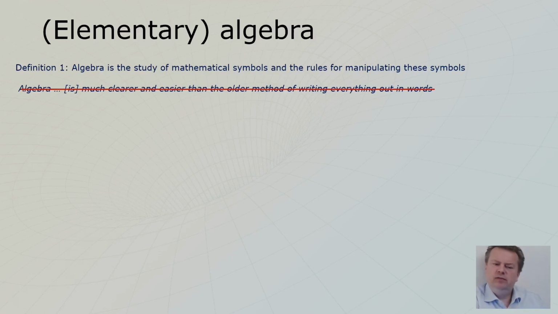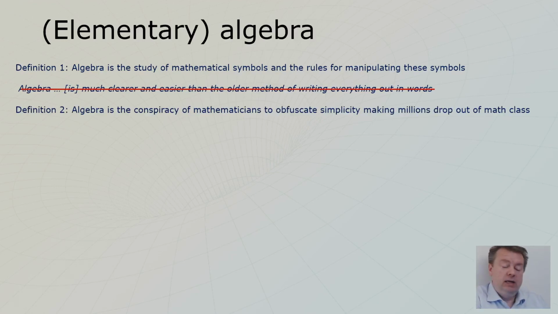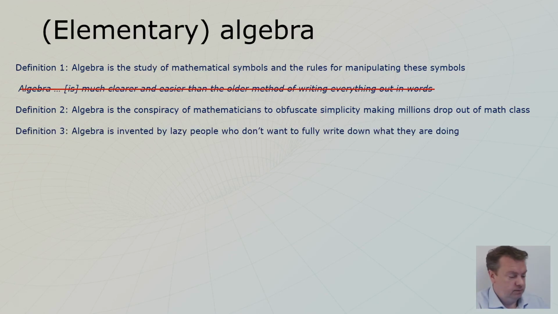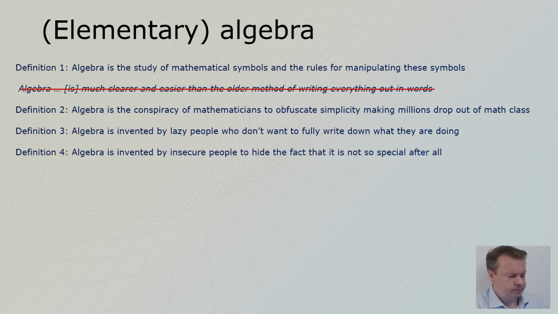I have a different definition. Maybe it's a conspiracy theory. Mathematicians, they don't want to know how simple things are, and unfortunately, people drop math in high school. You could also say that mathematicians are a little bit lazy, right? They want to use short symbols and summarize stories. You could also imagine maybe they are very insecure.